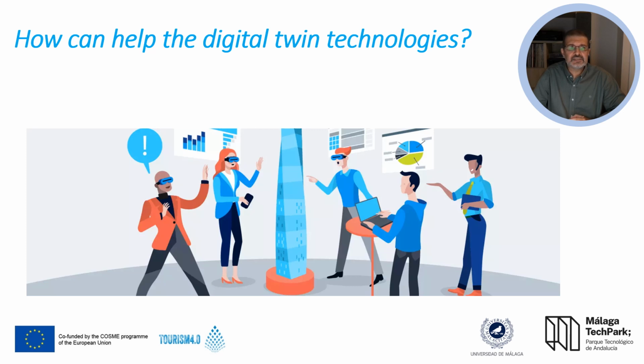Now the question is how digital twin technologies can help theorems, and how to apply this technology to theorems. I found papers about the use of only the 3D representation of a real thing, a real building, a real ruin, and other applications that use the digital twin as I showed you.